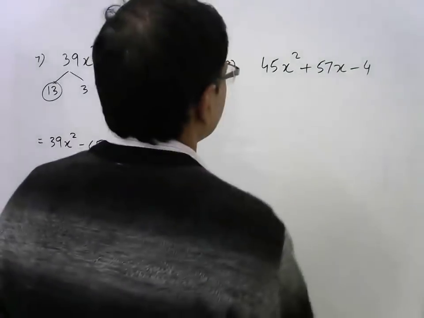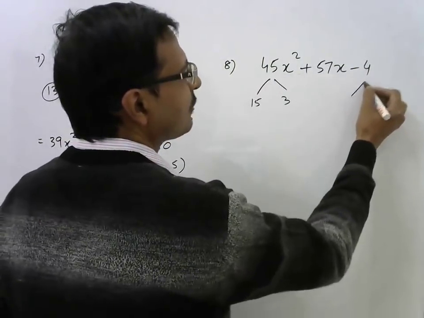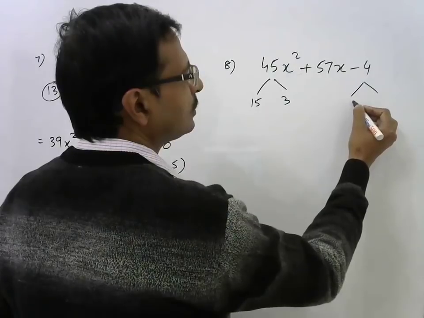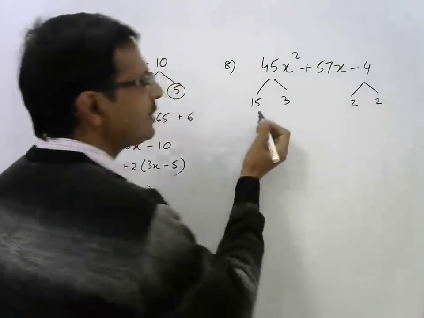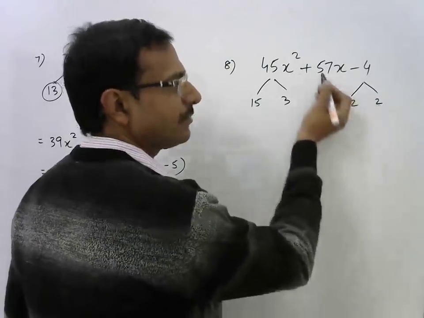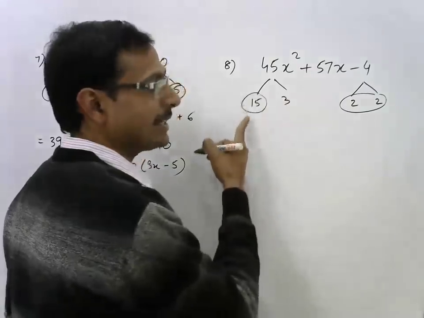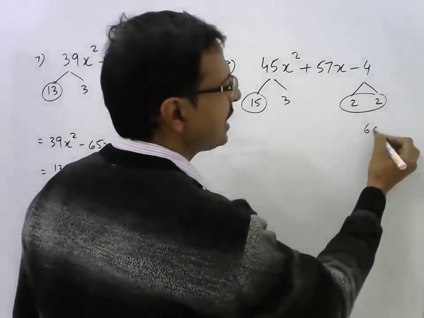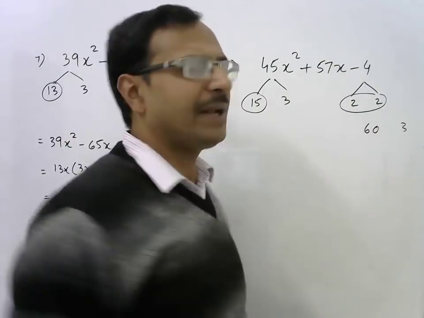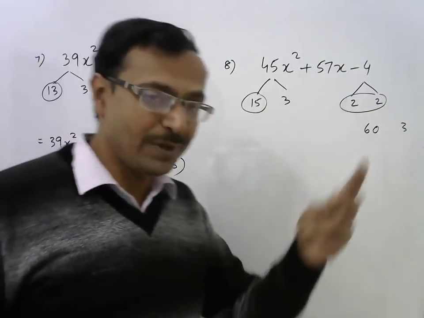Okay, let's see. This is 15 into 3, 45, and 4 is obviously 2 into 2. Now see, if you combine 15 with 2, you will have 30 and 6 will not give you 57. So let me combine these two and combine this with the highest number here, 15, for the 60 and 3. Very few combinations are possible for this one and it is a very easy answer because the difference has to be 57.